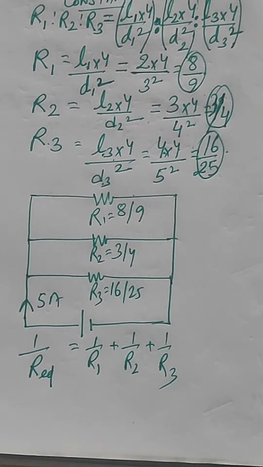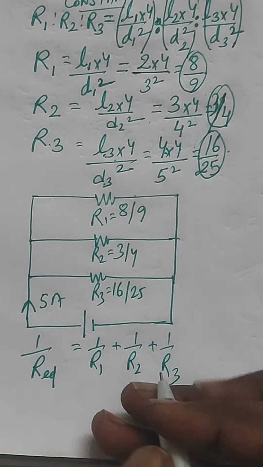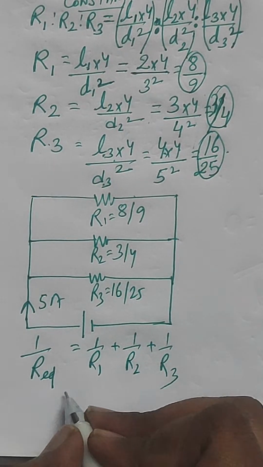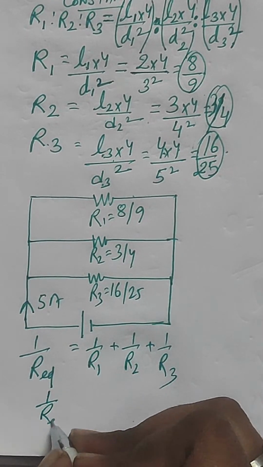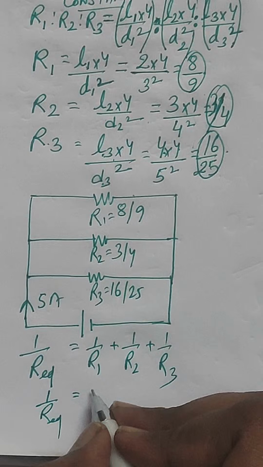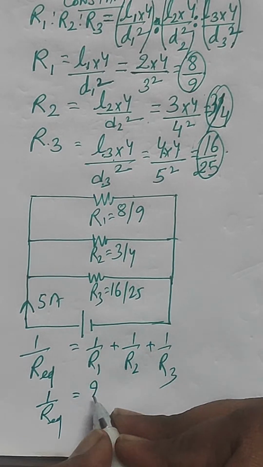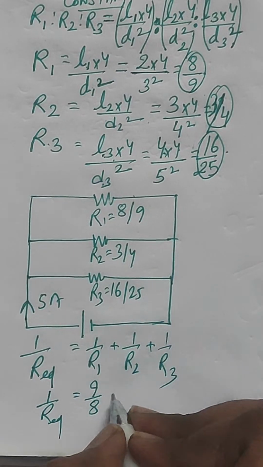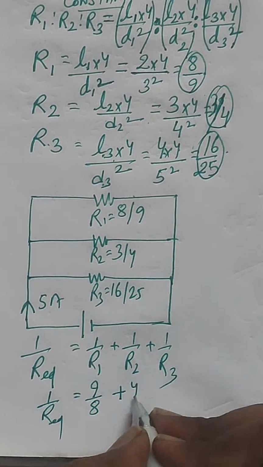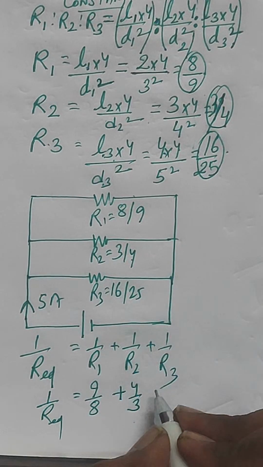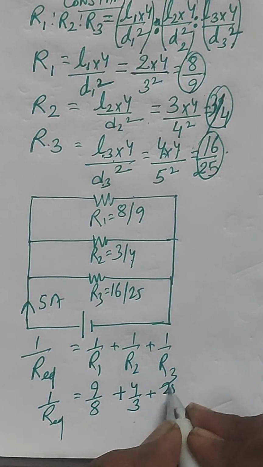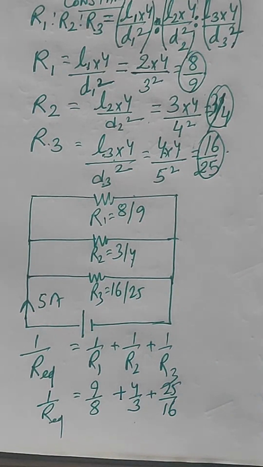Now this will be giving you 1 by R equivalent equal to 1 by R1. This will be coming as 1 by 8 by 9, which is 9 by 8, plus 4 by 3. Just denominator will go to the numerator, plus 25 by 16.